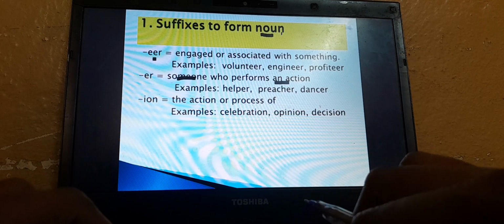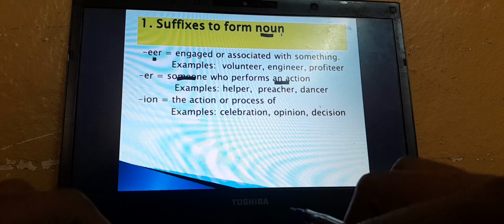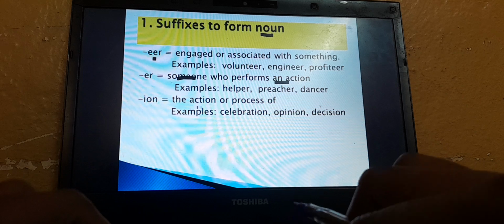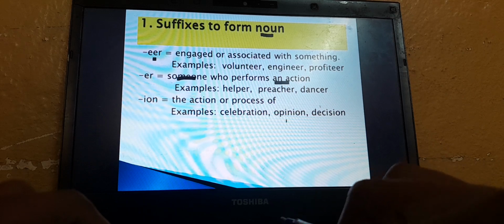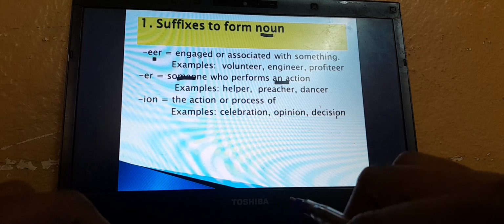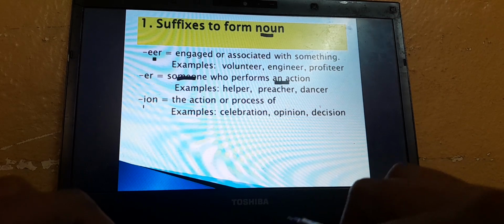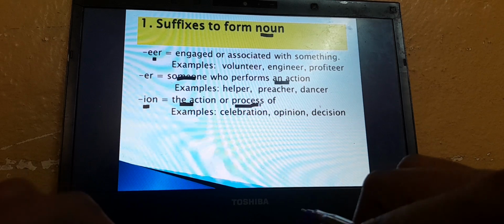From this, we can understand that suffixes are very important in order to form parts of speech like nouns. And the suffix ion, whose meaning is the action or process of.